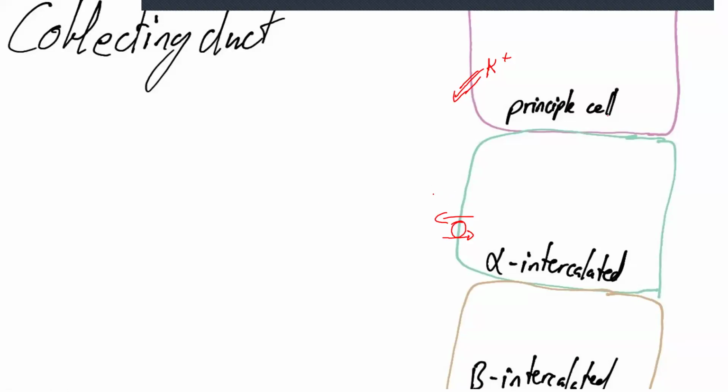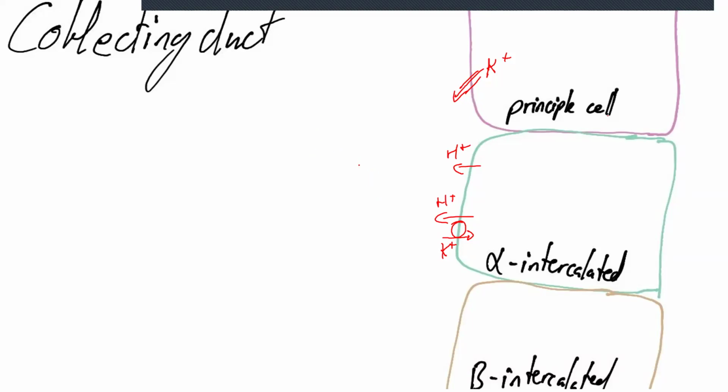Yay. Point is, this is a H plus potassium exchanger. It moves the hydrogen out along with a second hydrogen ATPase, just like the one we saw in the proximal tubule. The main idea being is that we're going to get the same process here as we had in the proximal tubule, just on a lesser scale.